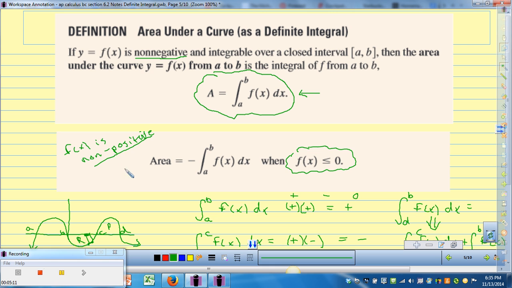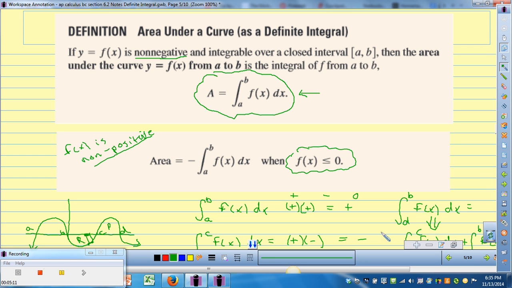Now, if f of x is non-positive, or f of x is below the x-axis, then the area under the curve is the negative of the definite integral from a to b of f of x dx. So what we're saying here is when we deal with definite integrals, we have signed areas, positive or negative.